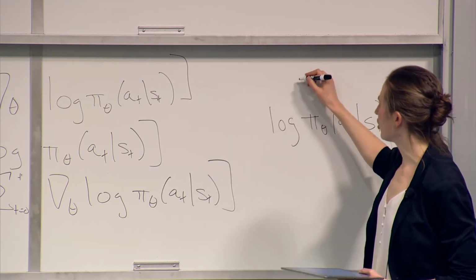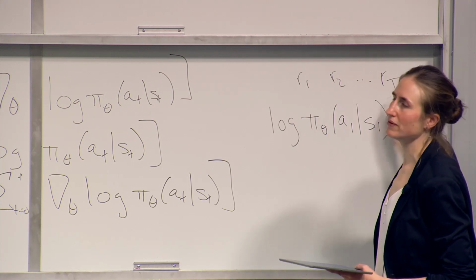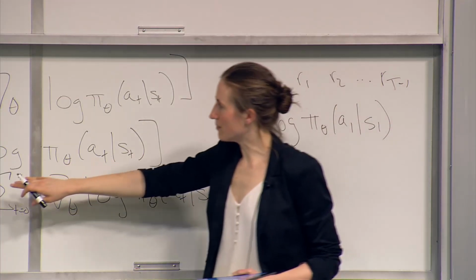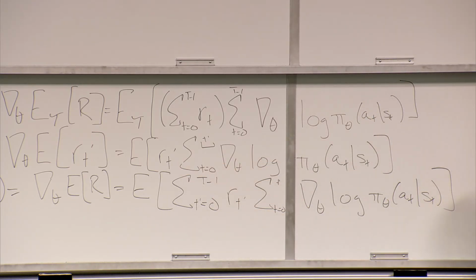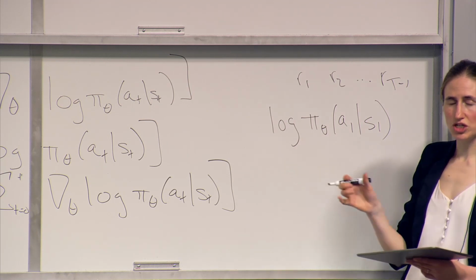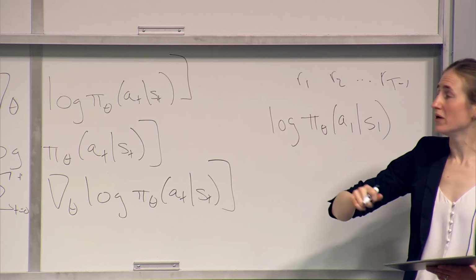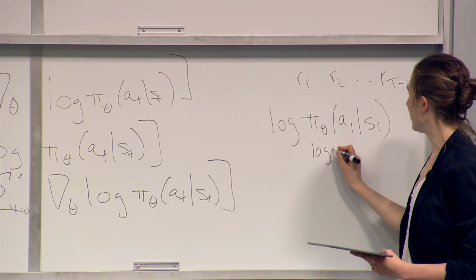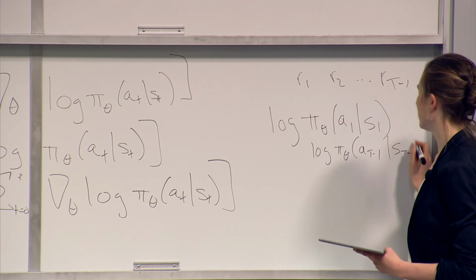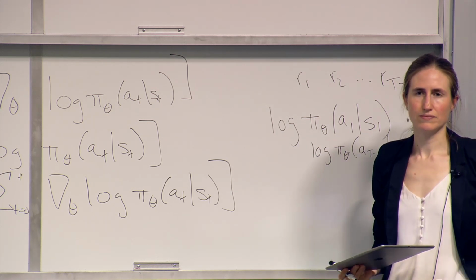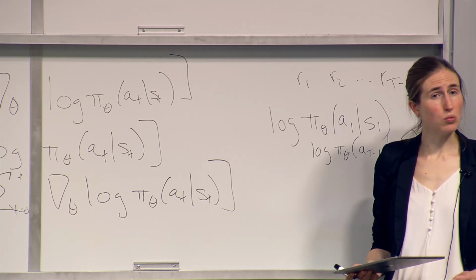This is going to appear for R_1, for R_2, all the way up to R_t minus 1, because we're always summing over everything before that t prime. So some of these terms appear a whole bunch of times. The last one, log of pi theta of A_t minus 1, S_t minus 1, is only going to appear once. It's only responsible for helping dictate the very final reward.